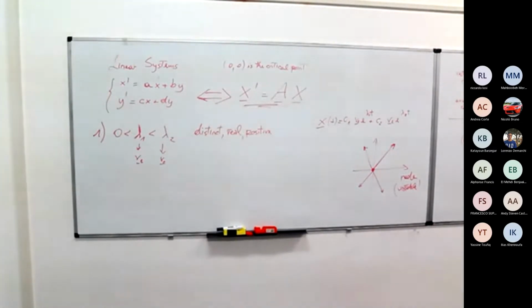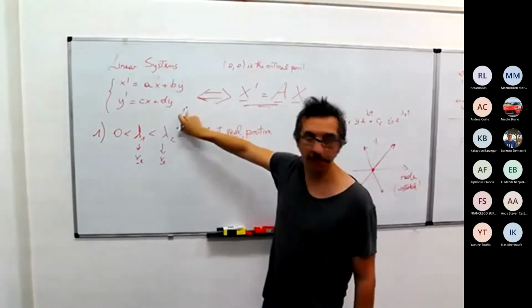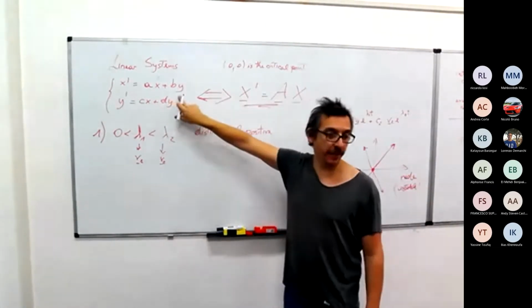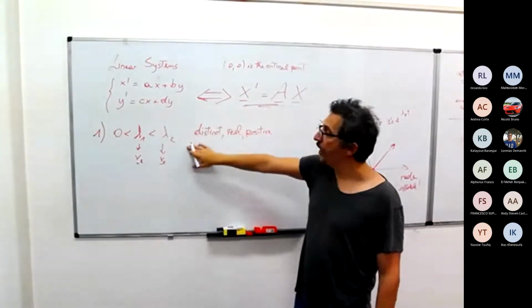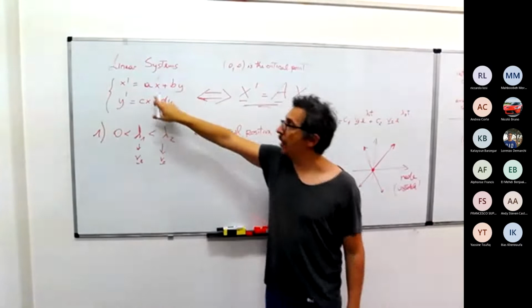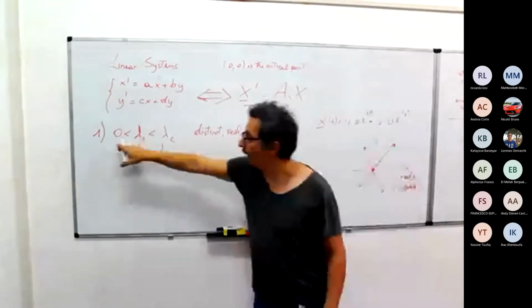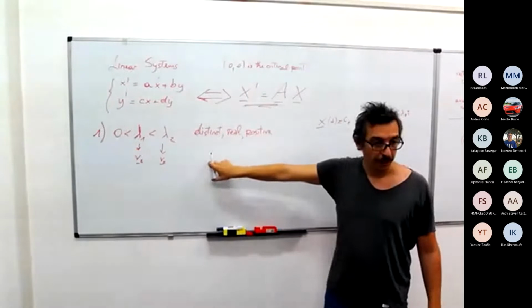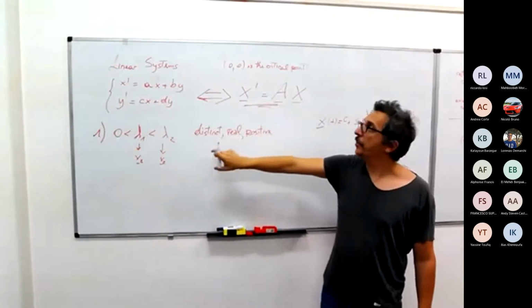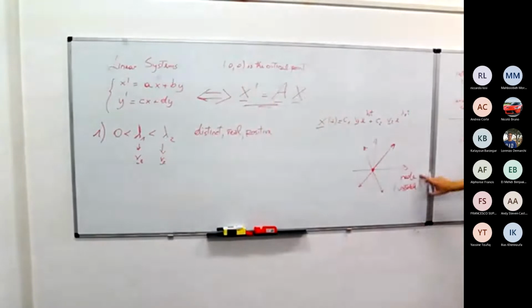So basically this tells me that anytime I have a linear system, a system that I can write in this way, with eigenvalues of the matrix of the coefficients of the linear system that satisfy this kind of relation, then I'm sure that 0, 0 is an unstable node for the linear system.